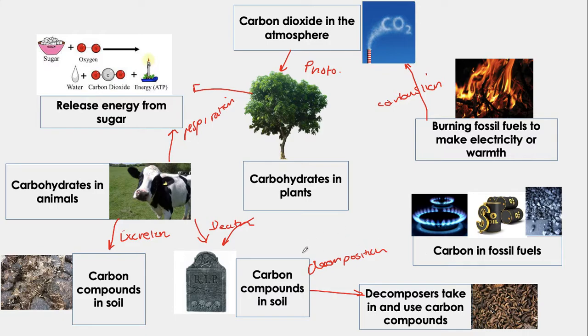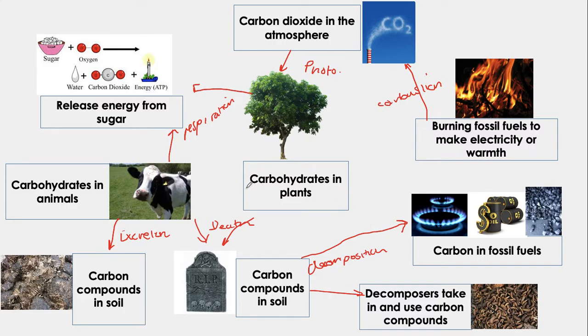If organisms do not become decomposed, and we looked at the last lesson reasons why they might not become decomposed, for example, low oxygen environments, acidic soils, very dry, anything which actually stops bacteria or fungi from growing, and then under intense heat and pressure, dead organisms can be turned into fossil fuels.